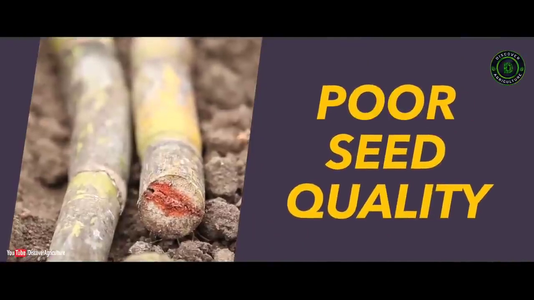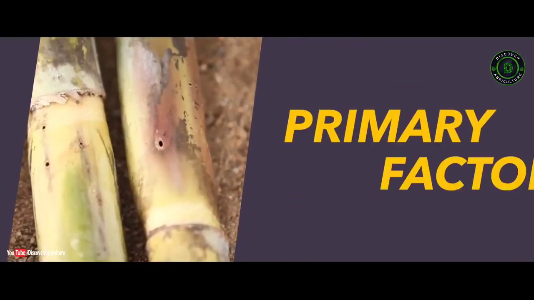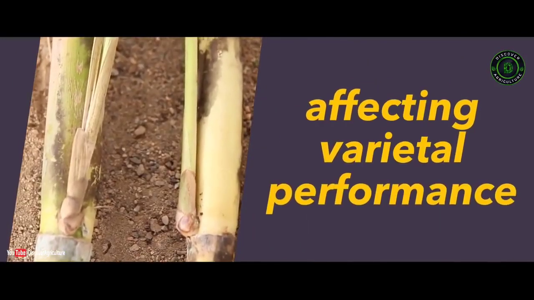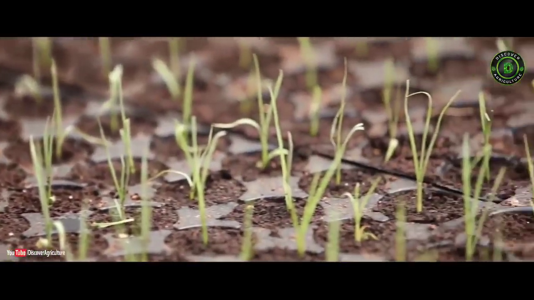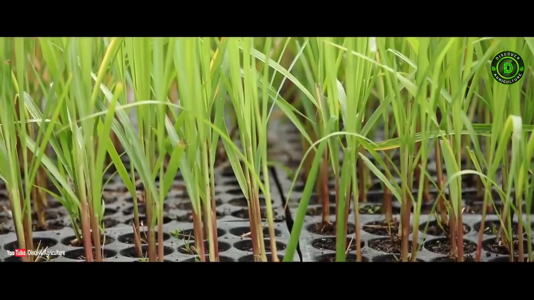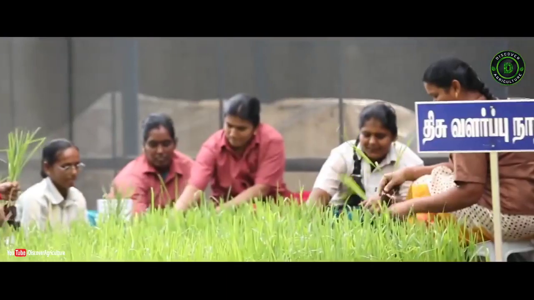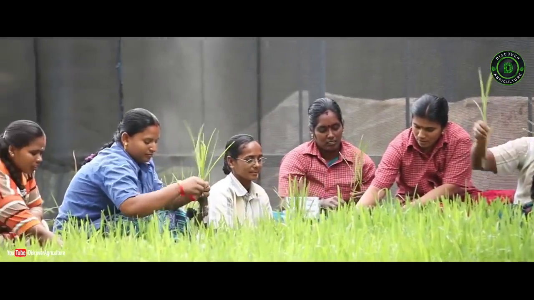Poor seed quality has been identified as a primary factor affecting varietal performance. Establishing seed nurseries adjacent to planting locations and producing quality sugarcane seed is the key to realizing potential productivity.